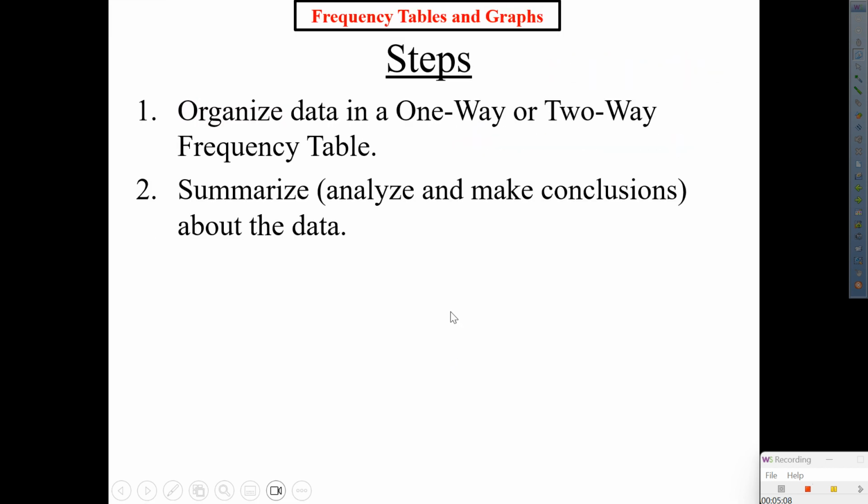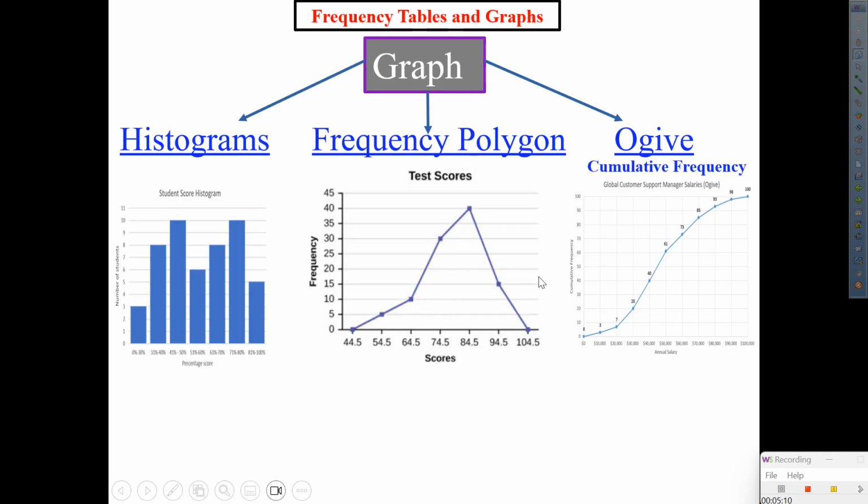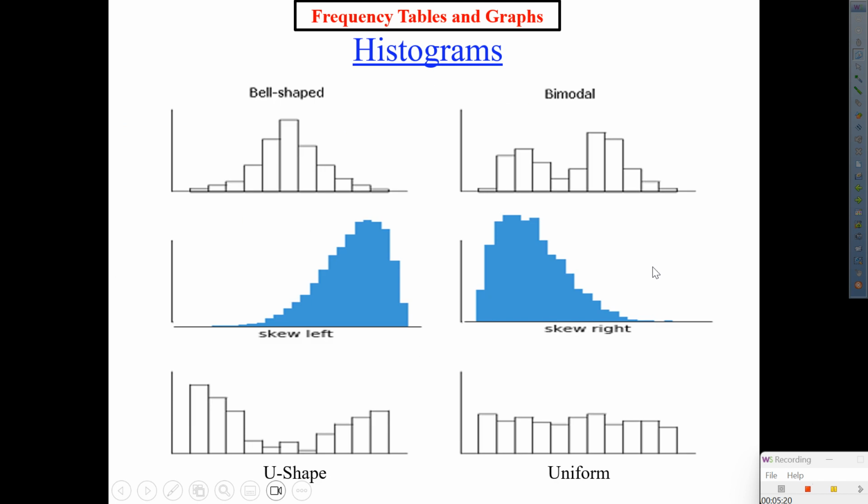You know what they are. Talked about the steps. And we talked about the three different graphs we're going to mention, which were histograms, frequency polygons, and ogive, which is cumulative frequency. And last but not least, we got to the different types of histograms. Just touched up on those because we're going to be seeing those.